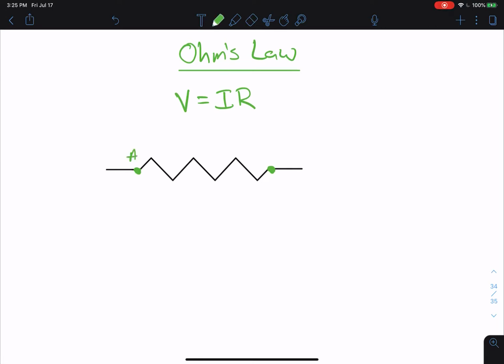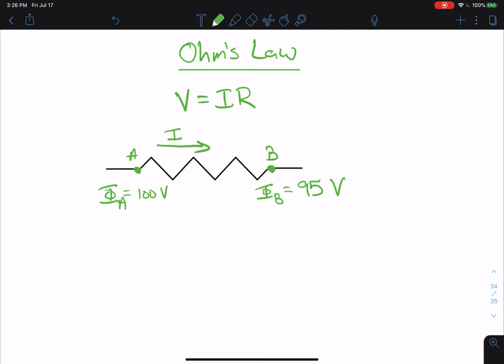We'll call this point A and this point B. I'll say that the potential at A, and I'm just going to make up a number here, is 100 volts. And I'll say that the potential at B is 95 volts. Also important to point out, we'll say the current is going that direction.